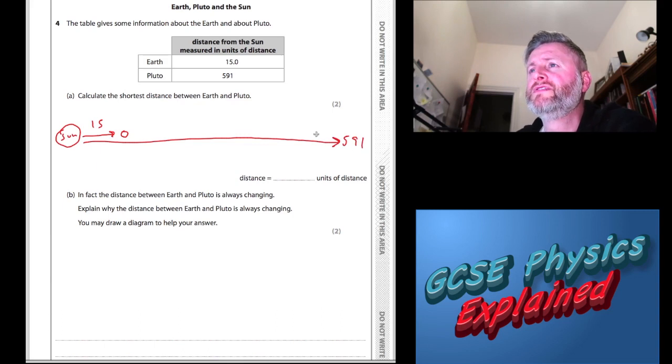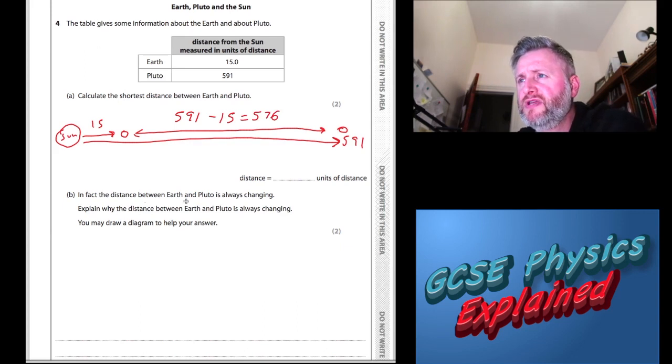So if you want to know the distance between the Earth and Pluto, then we need this distance here. So if you do 591 take away 15, that'll give you your answer. That's 576.